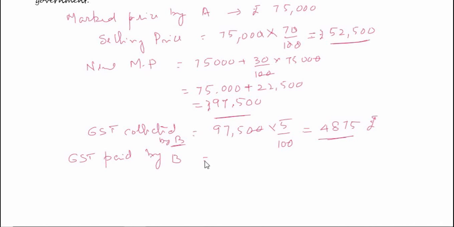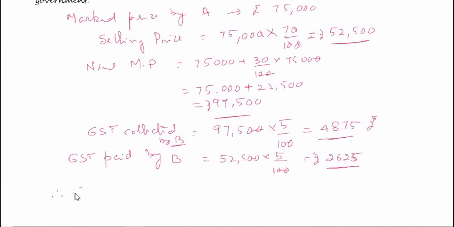So we have to calculate the GST for this price. So 52,500, and he paid 5% of that as GST. So this GST comes to 2,625 rupees. So this is the GST he paid at the time of buying it from A.